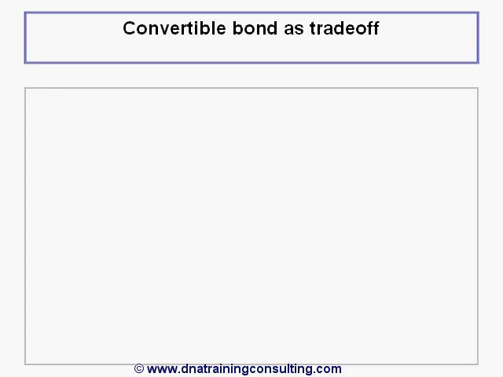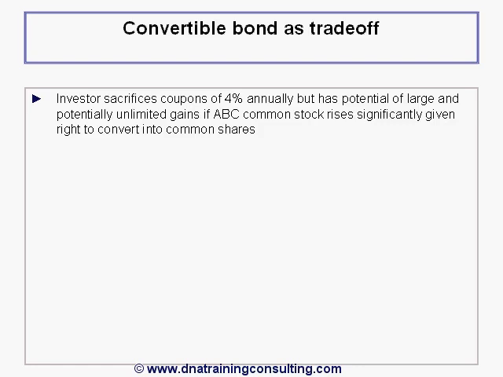Instead of the normal coupon of 7% that company ABC pays on its ordinary senior unsecured debt, often referred to as straight debt, the investor here is invited to sacrifice 4% of coupons in exchange for additional and potentially unlimited gains if ABC common shares rise significantly, since the investor could then exercise his right to convert the instrument into 2 shares of common stock.